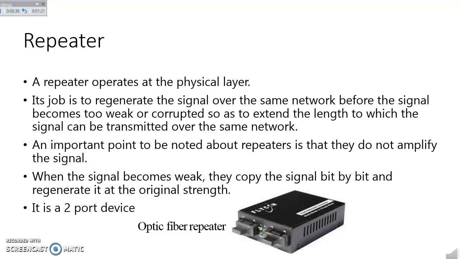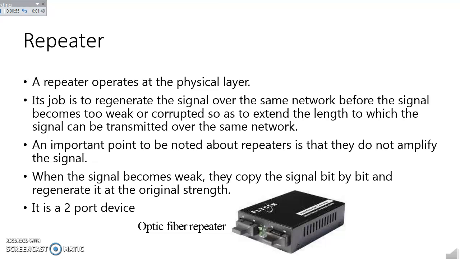Its job is to regenerate the signal over the same network before the signal becomes too weak or corrupted, so as to extend the length to which the signal can be transmitted over the same network.